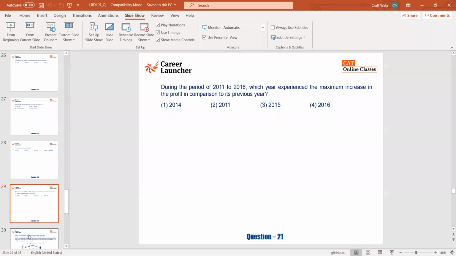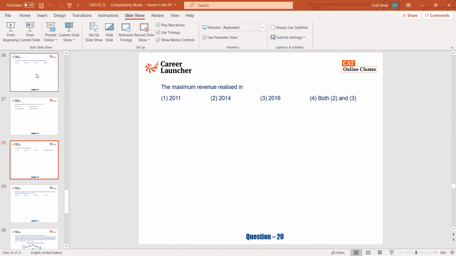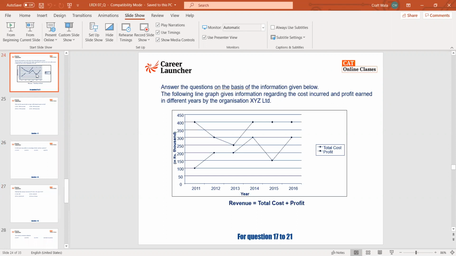Last one. During the period 11 to 16, which year experienced the maximum increase in profit? Right. So I want maximum increase in profit. Maximum increase in profit is from 2015 to 2016.